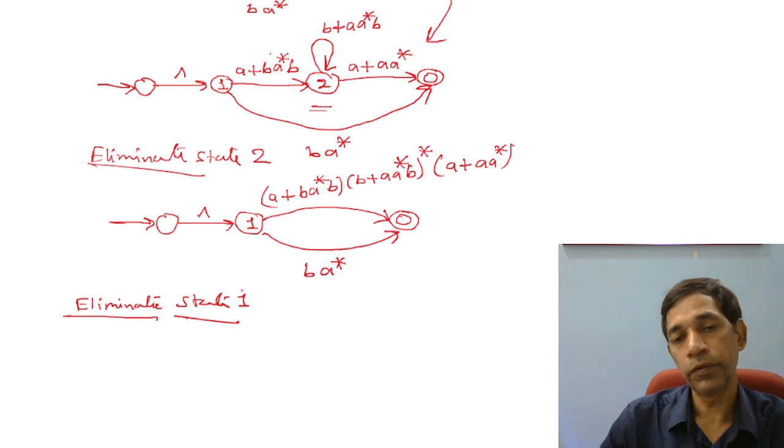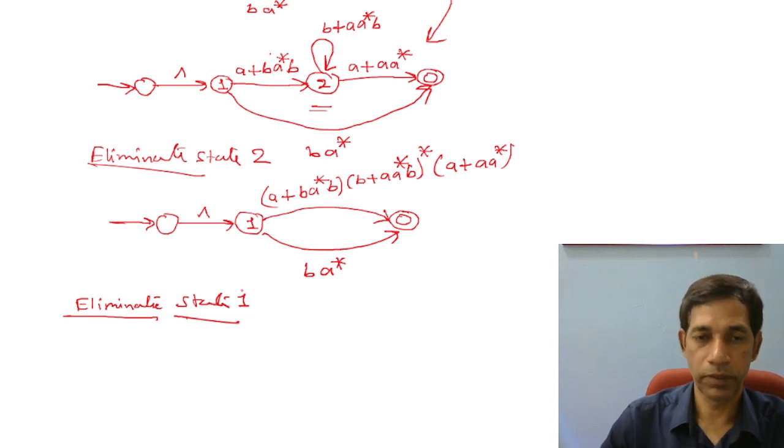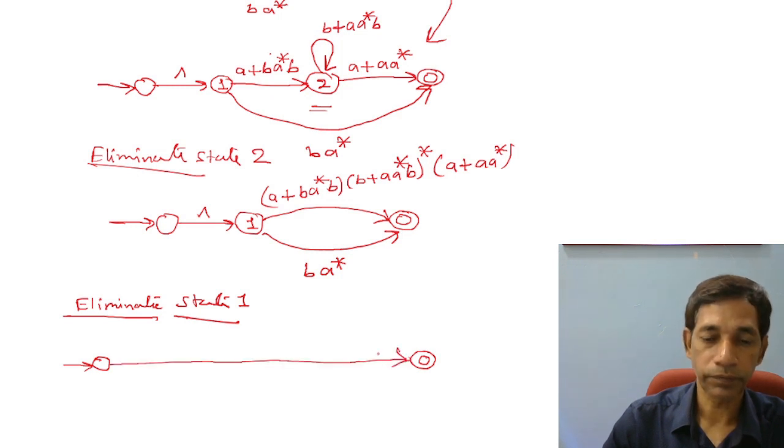Whenever we eliminate the state 1, state 1 will not be here. So you will have only the initial state and the final state, and you will have only a direct edge from the initial state to the final state.